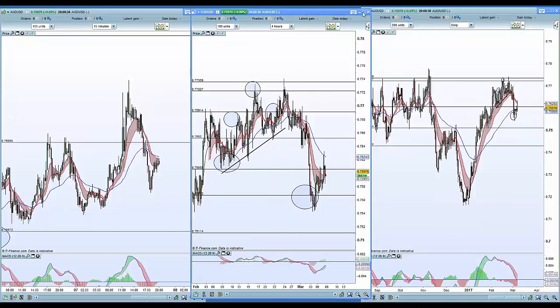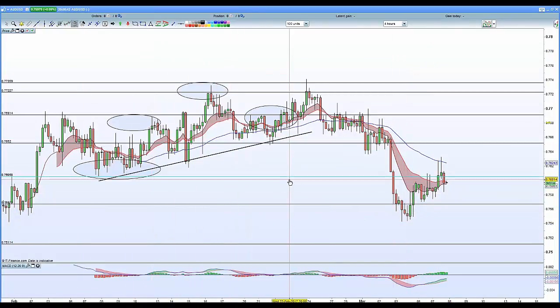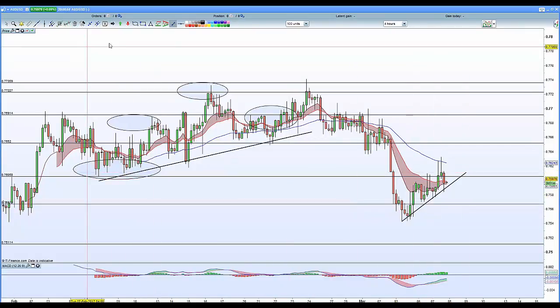If you look at the 4-hour chart, you can see some form of bearish flag, sorry, I'm talking about bearish flag. Let me delete some of the lines here, too many circles. You can see some form of bearish flag forming.